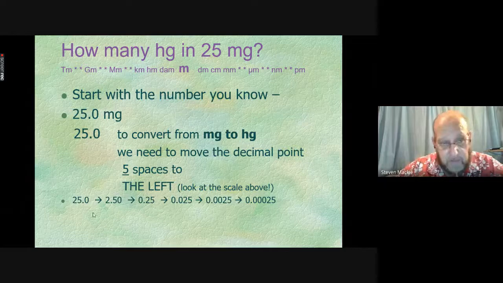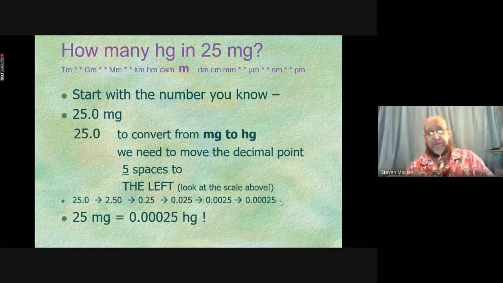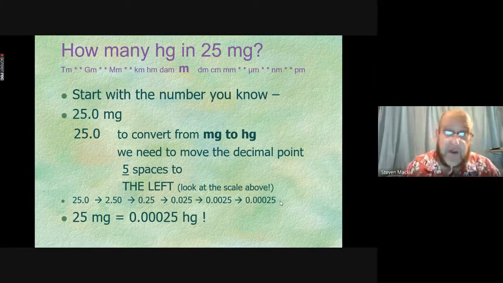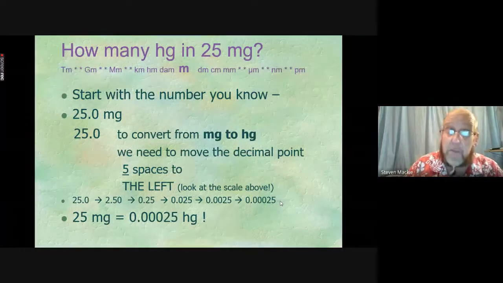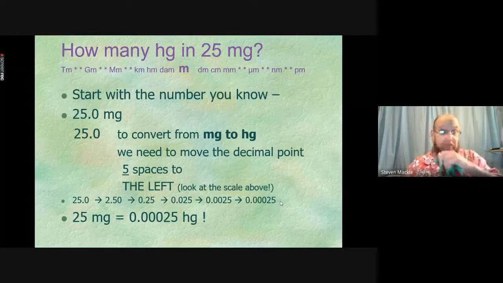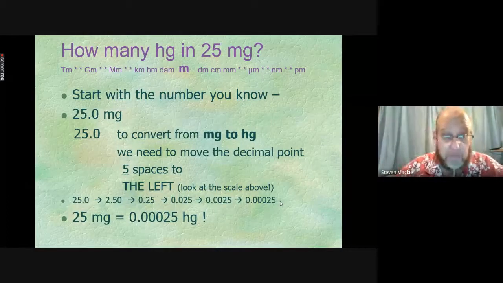We moved it 1, 2, 3, 4, 5 spaces. 25 milligrams equals 0.0025 hectograms. I apologize that you're going to have to go back and look at the PowerPoint again, but I'm going to repost this PowerPoint today for sure. Okay, I promise I will do that.